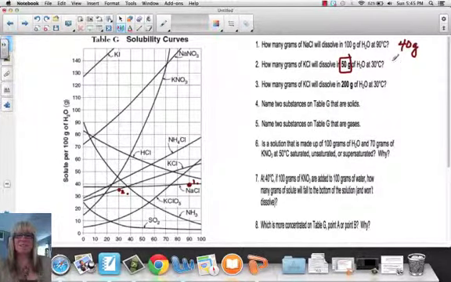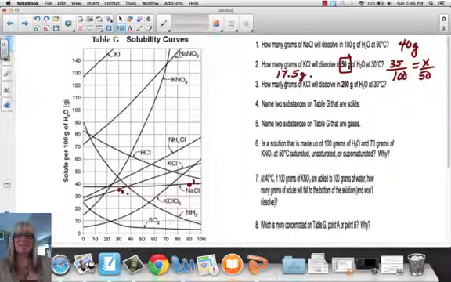So you can do 2 things. You can do 35 in 100 equals X in 50, or you can just say to yourself 50 is half of 100, and you can cut this in half. So half of 36 would be 18, so this is going to be 17.5 grams.